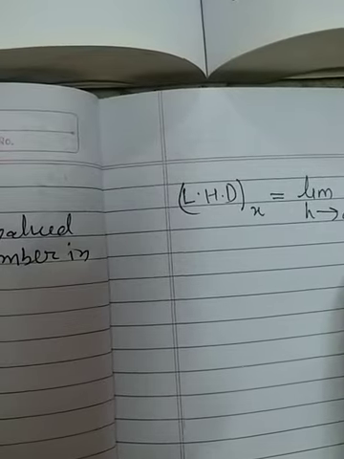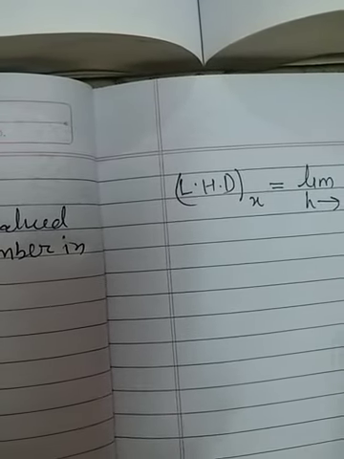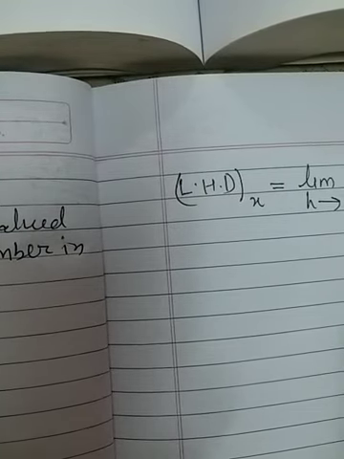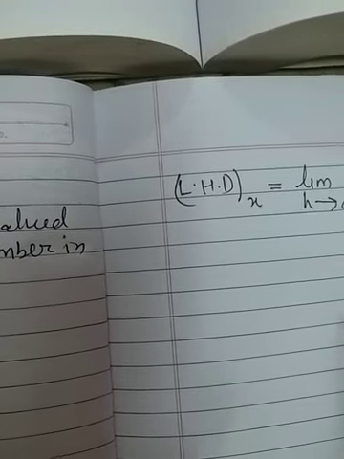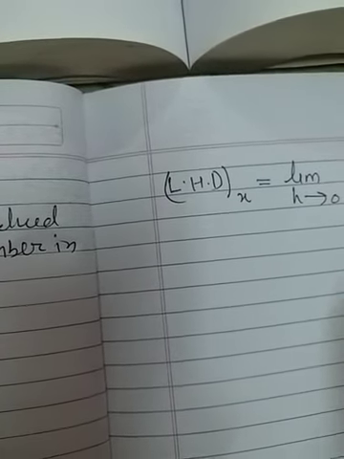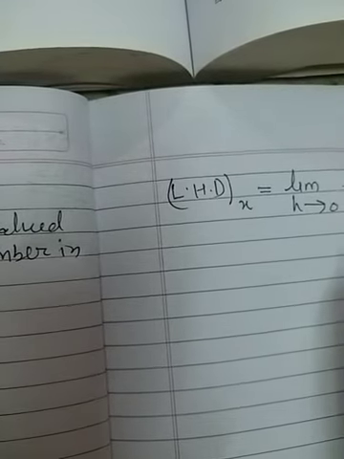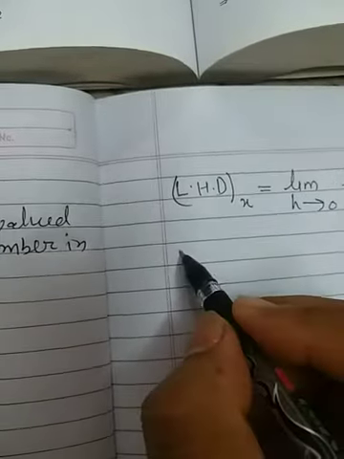Is it clear? So you must be knowing this, that this is the value f of x minus h minus f of x, and this is divided by minus of h.